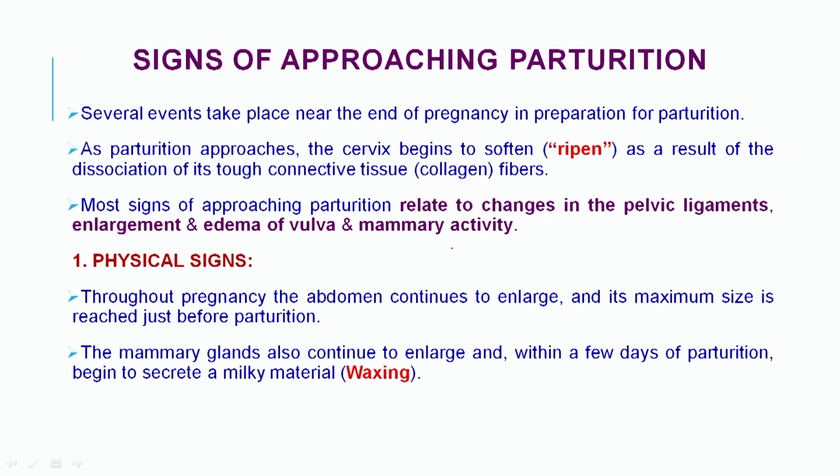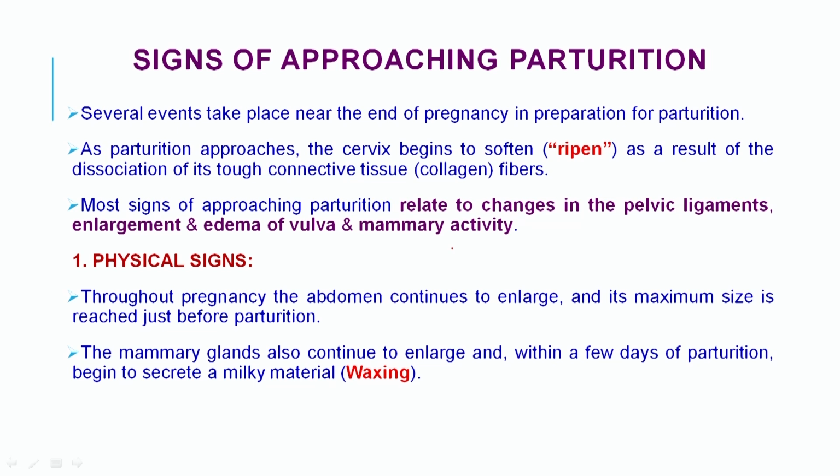What are the different signs of parturition? Several events take place near the end of pregnancy in preparation for parturition. As parturition approaches, the cervix begins to soften. This is called ripening of the cervix, a result of the dissociation of its tough connective tissue collagen fibers, which are packed during pregnancy.